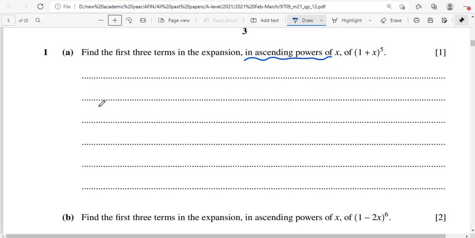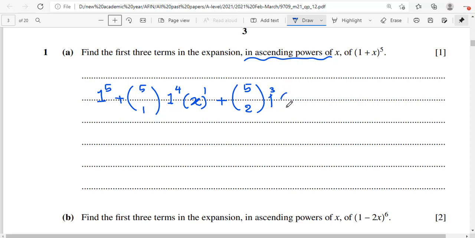This is going to be 1 power 5 plus combination from 5 to 1, 1 power 4, x power 1. The 2 powers together must add up to 5. Plus combination from 5 to 2, 1 power 3, x power 2.